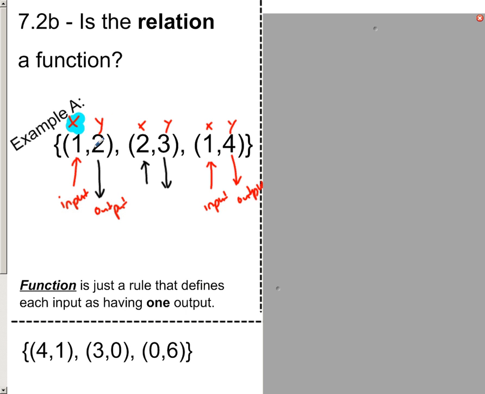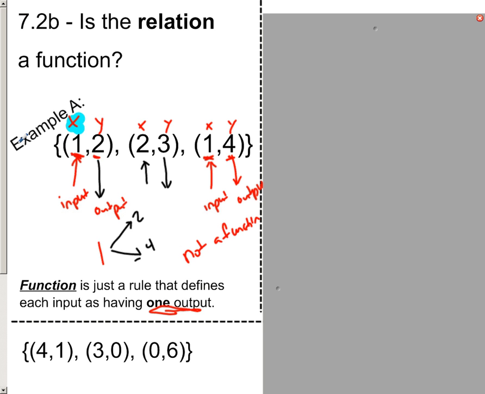Well, that causes a little bit of an issue here. When I put a 1 in here, I got a 2. When I put a 1 in over here, I got a 4. That doesn't sound like an input having 1 output. So because 1 has 2 different outputs, and that's what it's talking about, 1 could get us a 2, or 1 could get us a 4. It's got 2 possible outputs here. That's not a function.